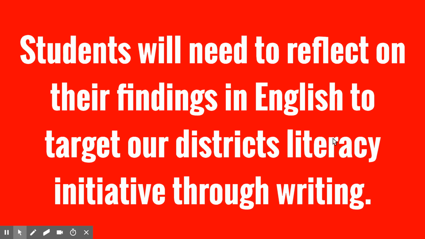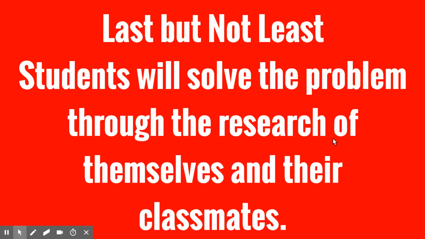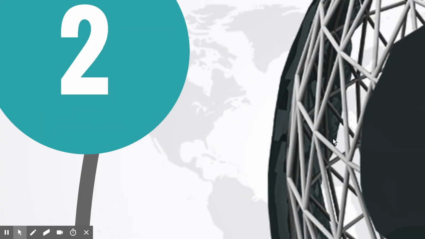And we can help them target that through having them write in English. And we also want students to solve the problem through research of themselves and of their classmates.